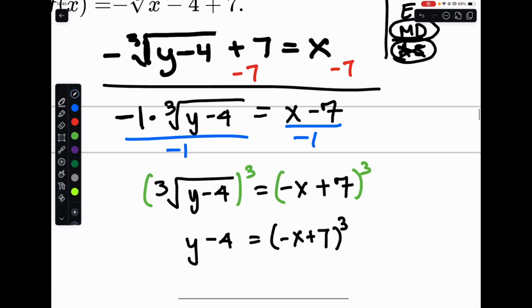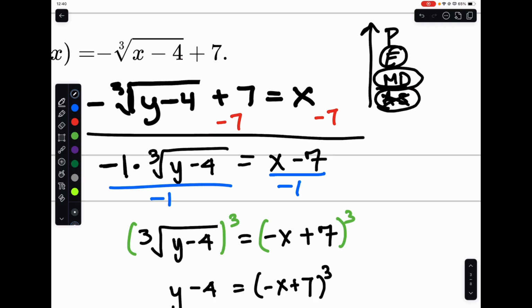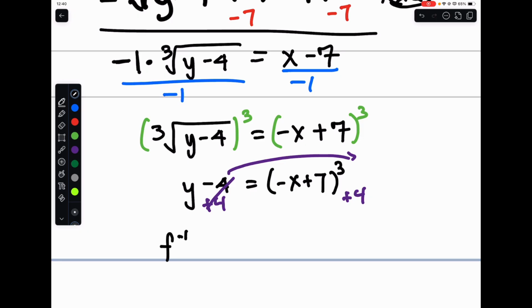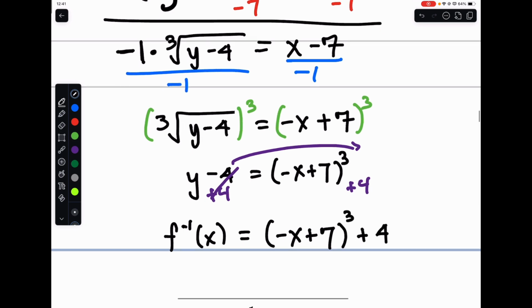And now we can finally work within the parentheses, whatever's left in the parentheses, which is the -4, by simply moving the 4 to the other side, or in other words, adding 4 to both sides. So our inverse will be -x plus 7 to the third power plus 4.